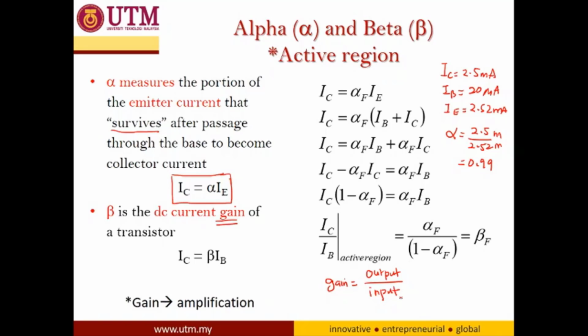In the DC operation of BJT, the output signal is IC, the collector current, and the input is the base current. So the gain here is IC over IB.